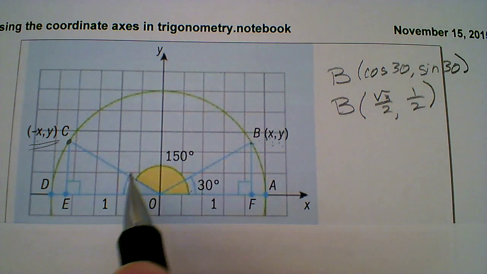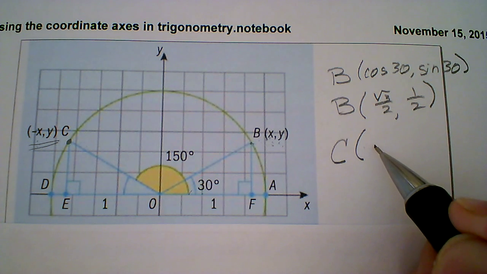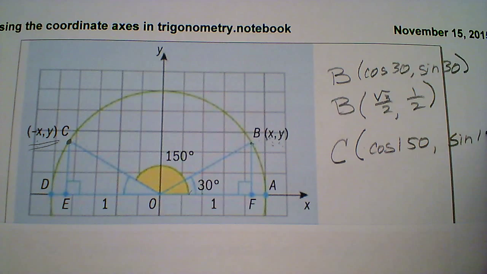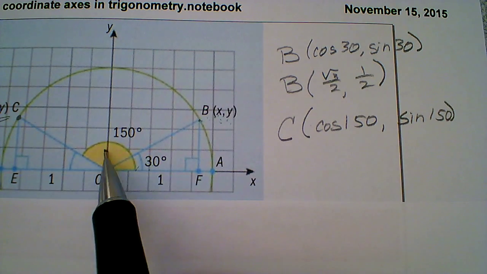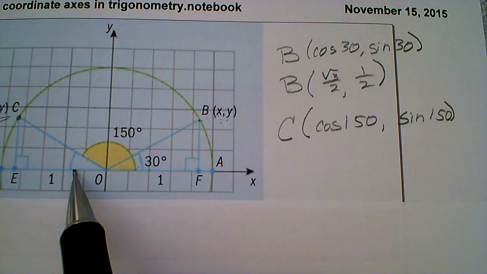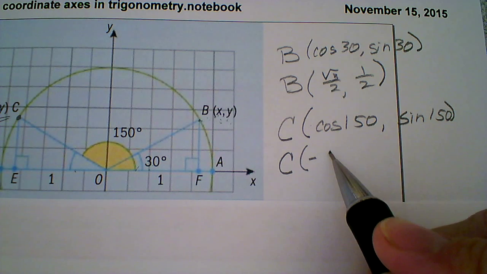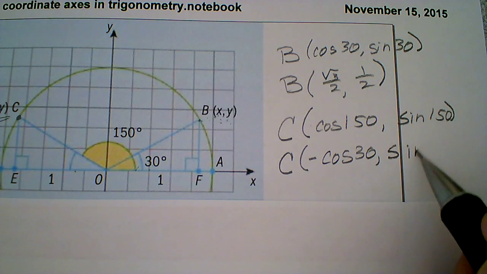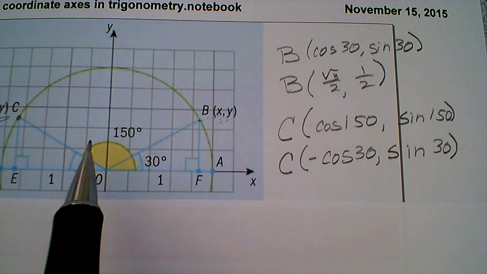So we know that the coordinates of point C would be the cosine of 150 and the sine of 150. But based on the fact that it is the supplement of 30, it's also the opposite of the cosine of 30, sine of 30.